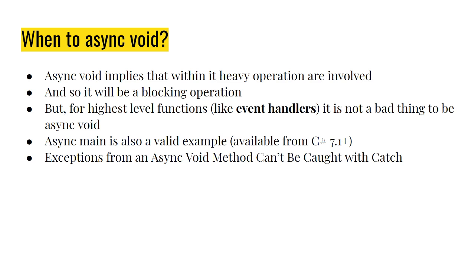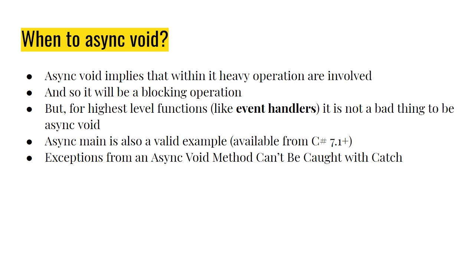So async void is needed because we have event handlers or we have highest level functions like main, entry point basically. Those can be async void, and that's fine because we are not going to await and use them anyways. They're highest entry points in our programs which will not be reused.